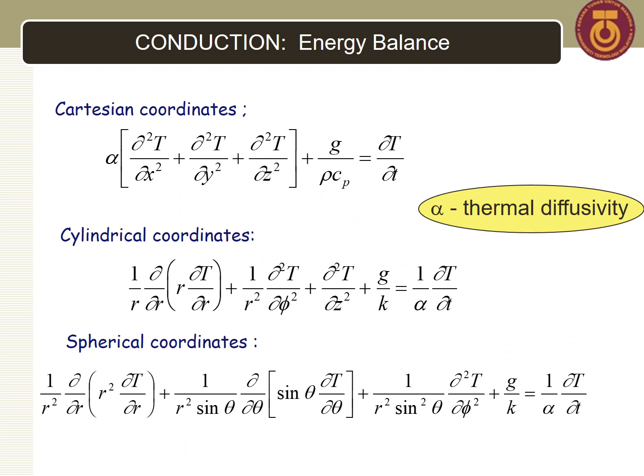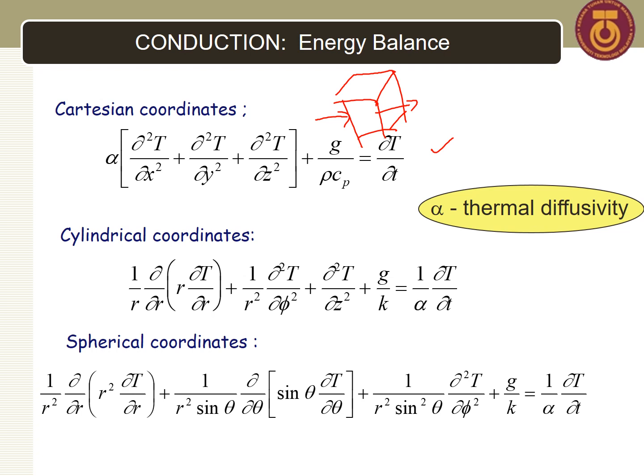These are the basic equations for energy balance which you need to start with when deriving equations for different scenarios. For Cartesian coordinates, this is the basic equation you need to start with. For example, maybe you have a flat sheet, so you have x, y, z.